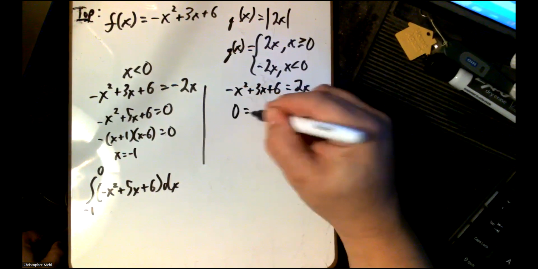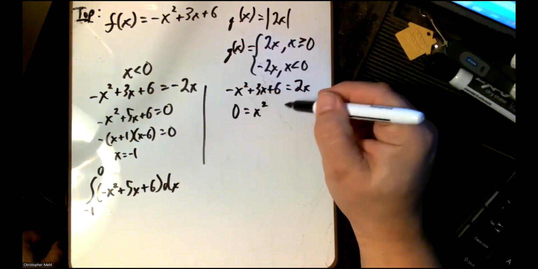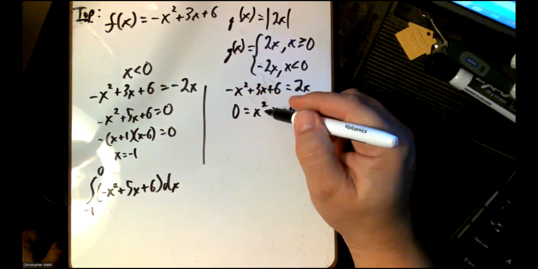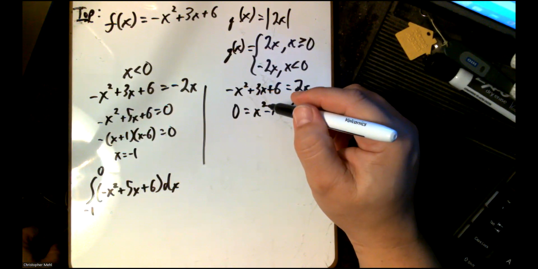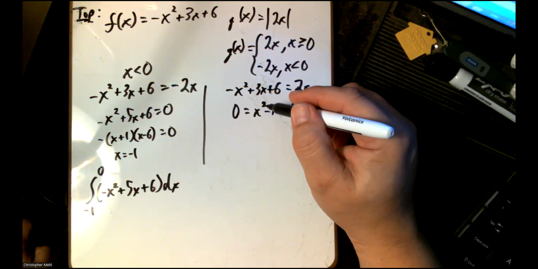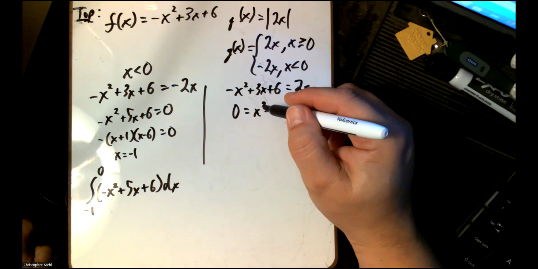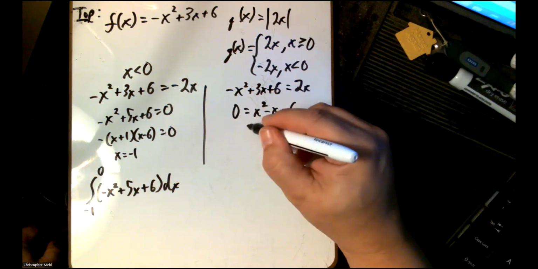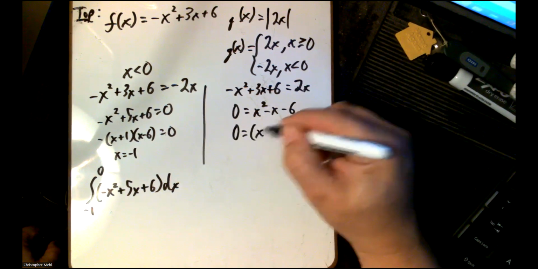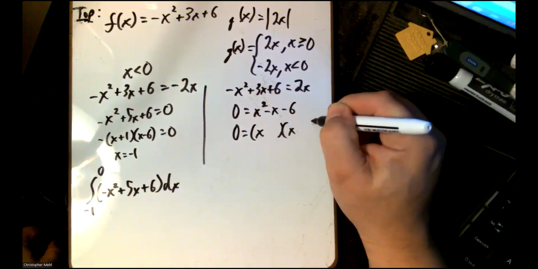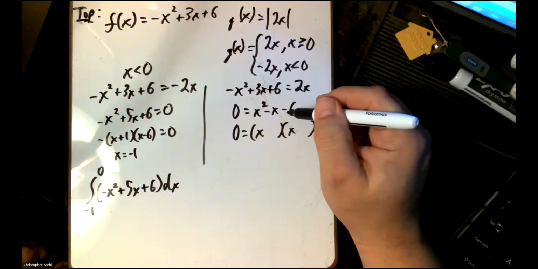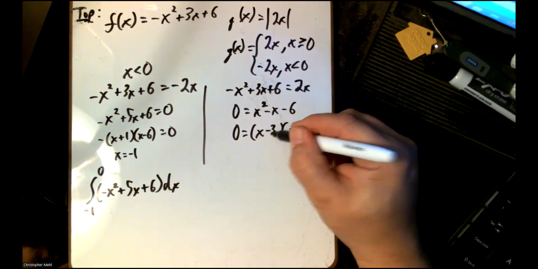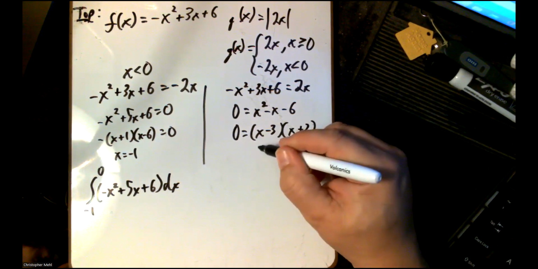And for the next part, subtract 2x, so I'll put everything over to this side, so I get 0 equals x squared minus x minus 6. That's going to give me x minus 3 and x plus 2.